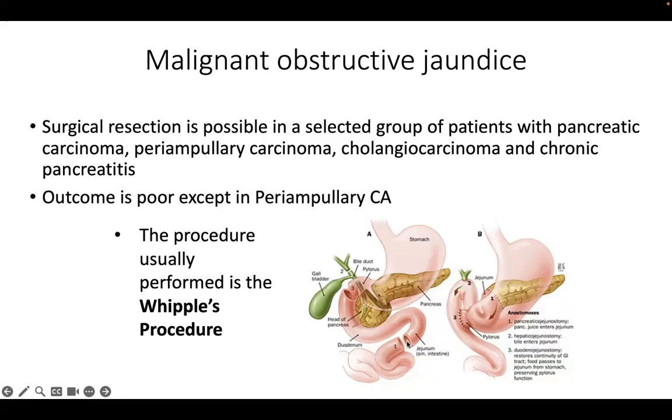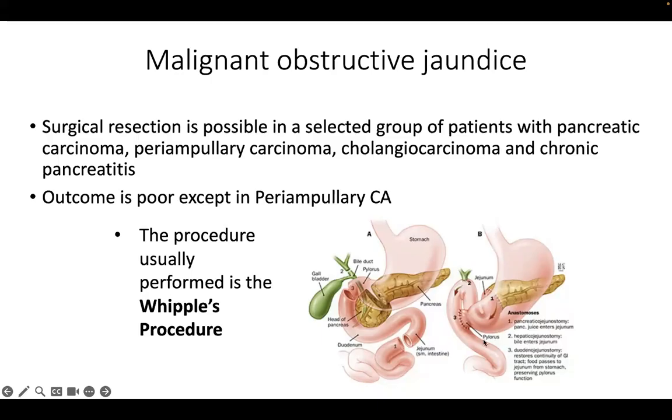So you have cut number 1, which is here. Cut number 2, which is here above the gallbladder. Cut number 3, which is here. Okay. So there are 3 anastomoses that happen. A pancreatojejunostomy, that is pancreas to the jejunum. Hepatojejunostomy, where the bile duct is connected directly to the jejunum, so the bile will directly enter the jejunum.